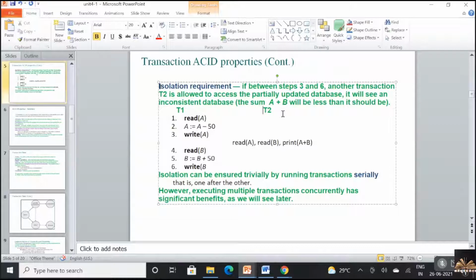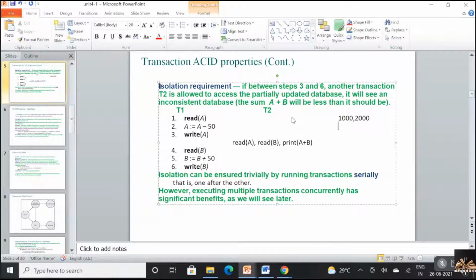Now, what will happen if these kinds of things occur? What is the problem that is going to occur? Now, see, again, I'm working with the value of A as 1000 and the value of B as 2000. In step 2, what is happening?